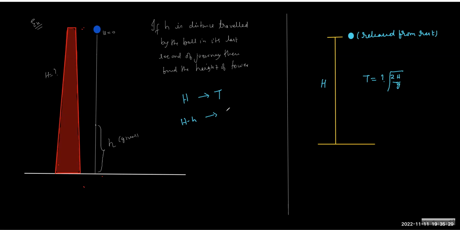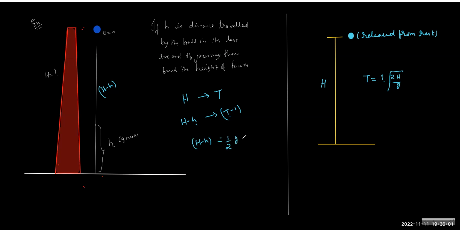You need 1 second less. Out of t time, you spend 1 second to travel the last h, so the remaining H minus h you will travel in t minus 1 second.